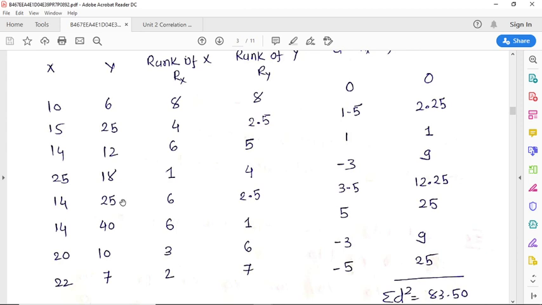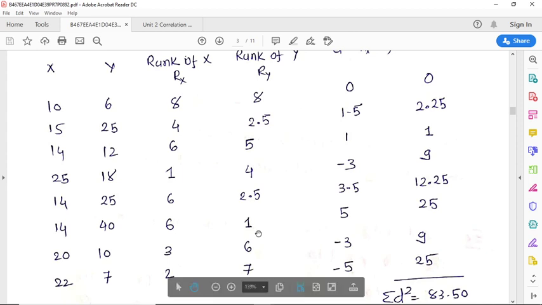So 5 by 2 will give 2.5. So assign a 2.5 rank to these values. Here write 2.5, and here write 2.5 rank to this value.